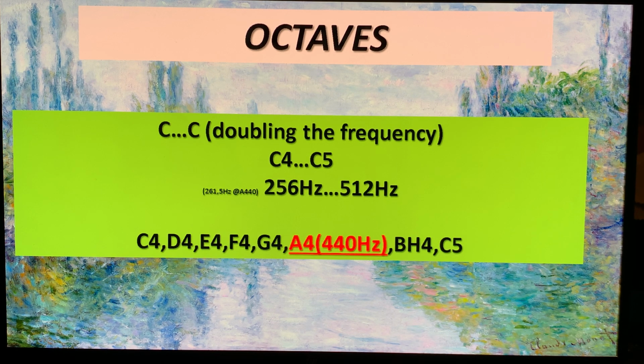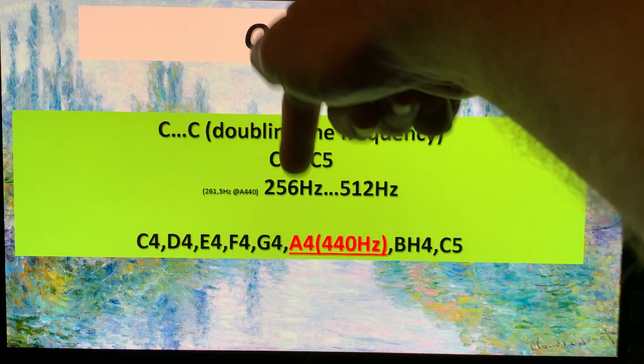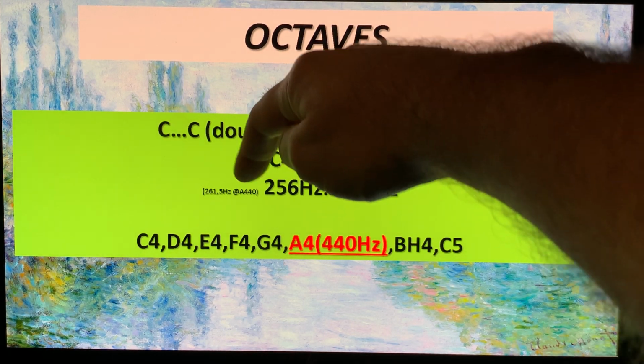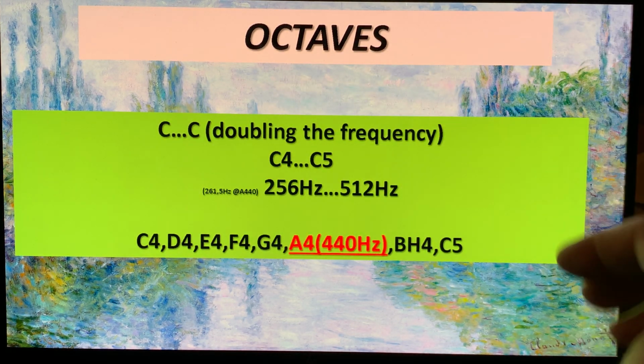And I'm pretty sure that you have already heard a couple of performances where C4 was tuned to 256, and it does happen with Baroque pieces even today. If a Baroque piece is performed the way it's written and the way it was intended, then they will not tune the instruments to A440.